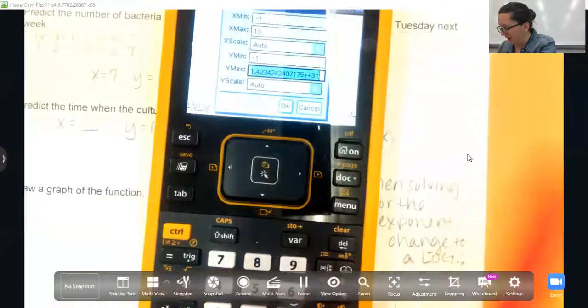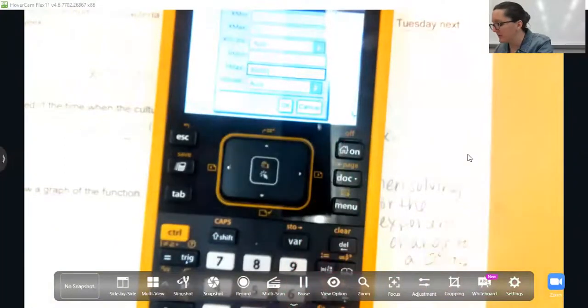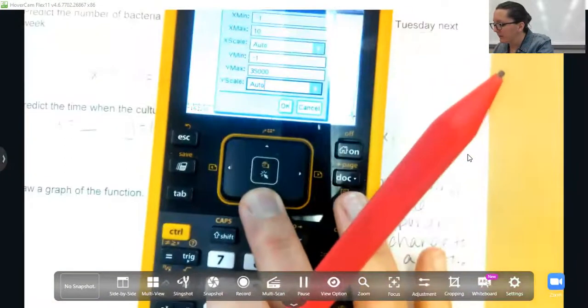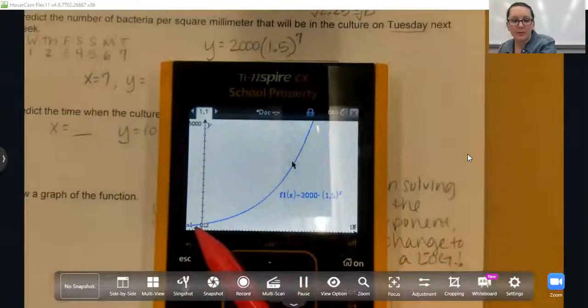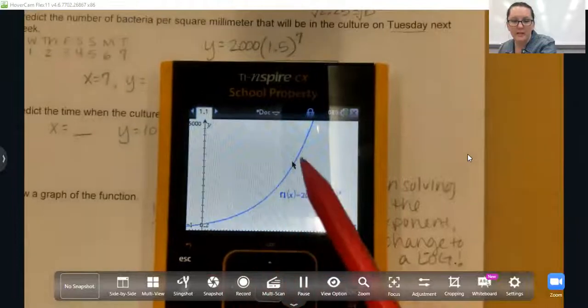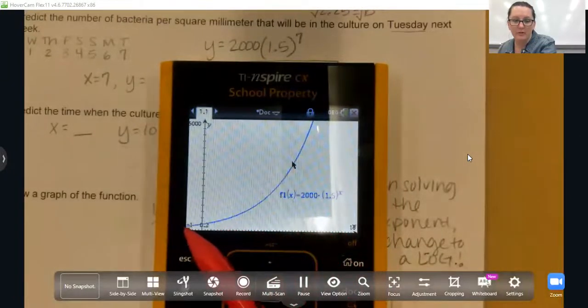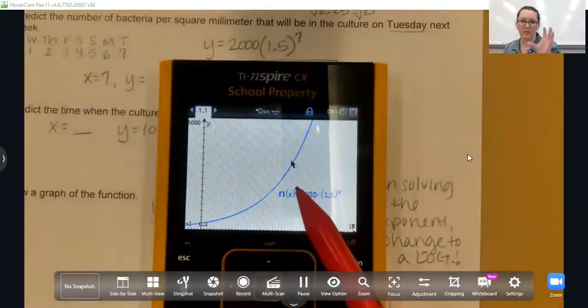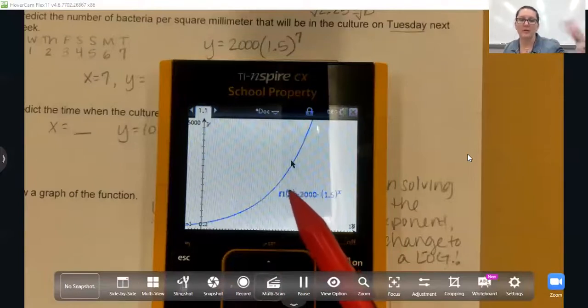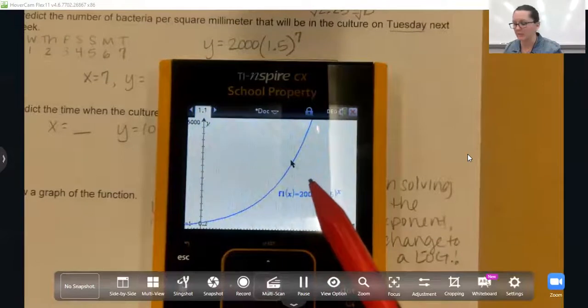So let's do it like 35,000. Okay, so there, see, when I adjust my own settings, I can get a better visual of what I want to look at, which is really that quadrant number 1, because it's all positive numbers. The time is positive and the bacteria is growing, so it's getting positive as well.